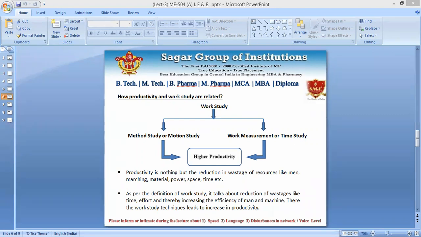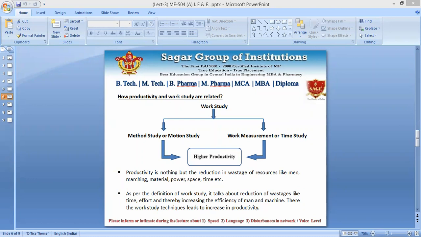Now, to reduce the cost of production, similar thing comes in here. To reduce the cost of production and to successfully face the competition within the country and abroad, we need to have that tool to work on.